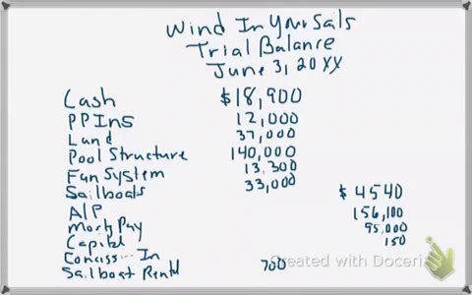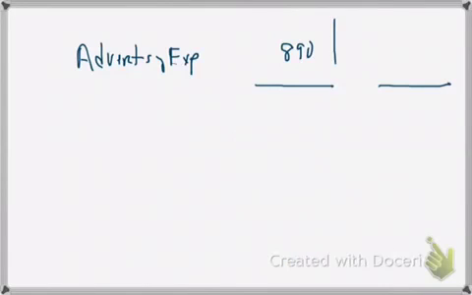So I would take all of what I had for the debit side and add up everything from the cash of $18,900 down to and including this 890.